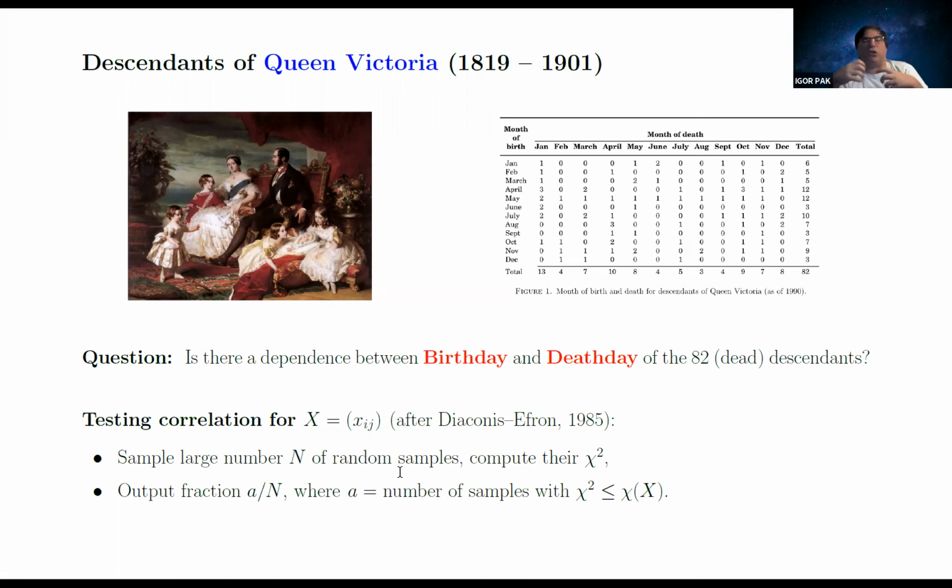So if the percentage is very low, that means there is some kind of dependence. This chi-square does not correspond to random contingency tables with given margins. And if there is no dependence, it would have chi-square somewhere in the middle of the curve. Is everyone okay with the test?